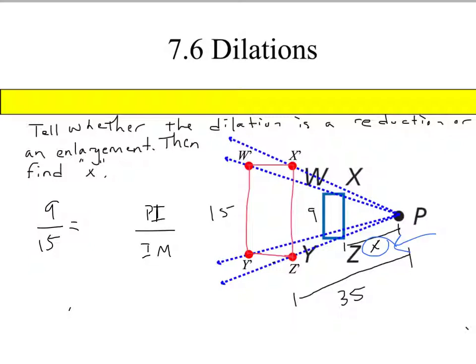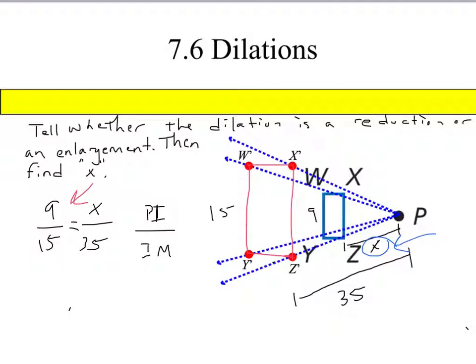Because pre-image is on top in this fraction, I'm going to do the exact same for my distance to my pre-image on top there. Then my distance to my image, which is 35, is going to be on my denominator. Notice I used the exact same ratio: pre-image on top to my image on bottom. On the other side, pre-image over my image.